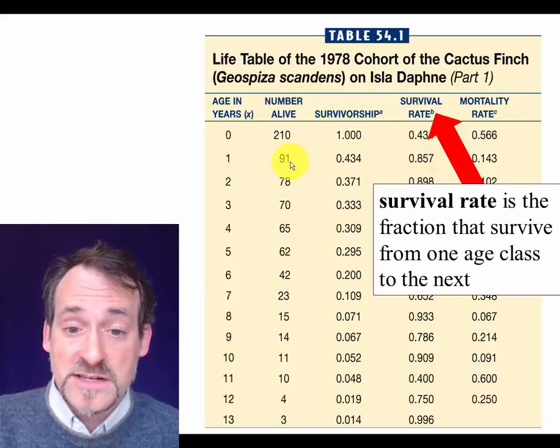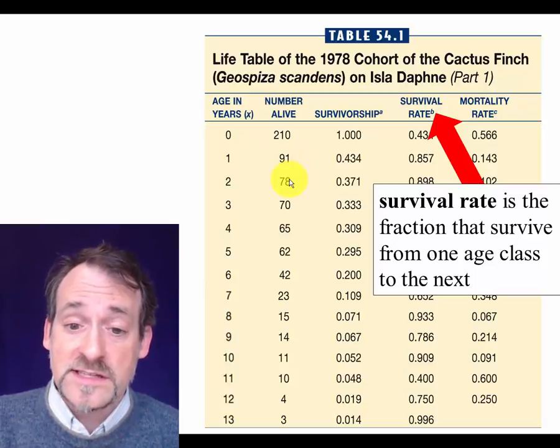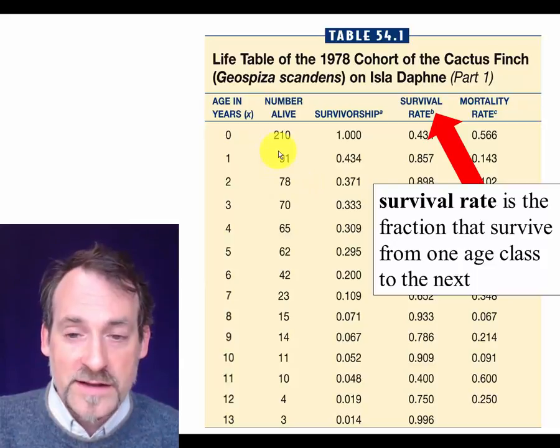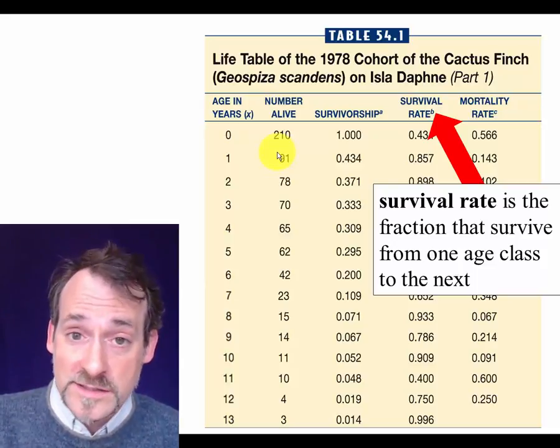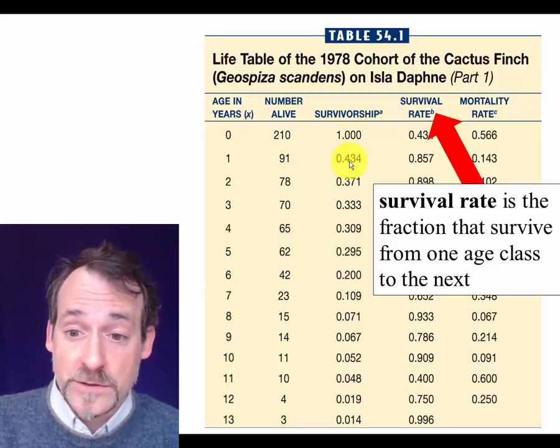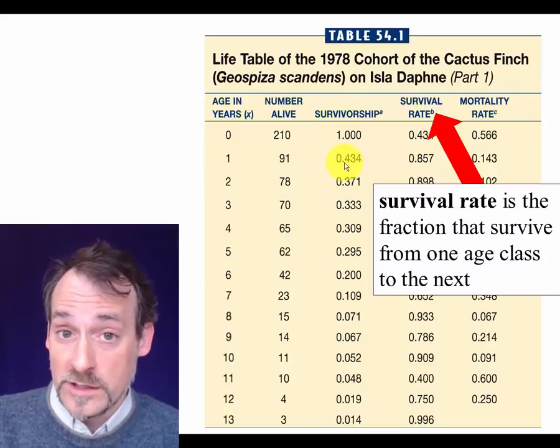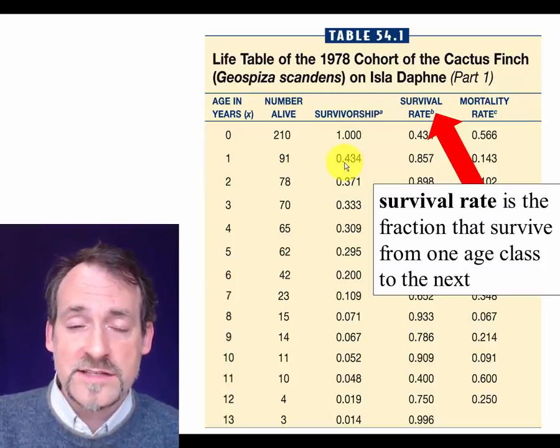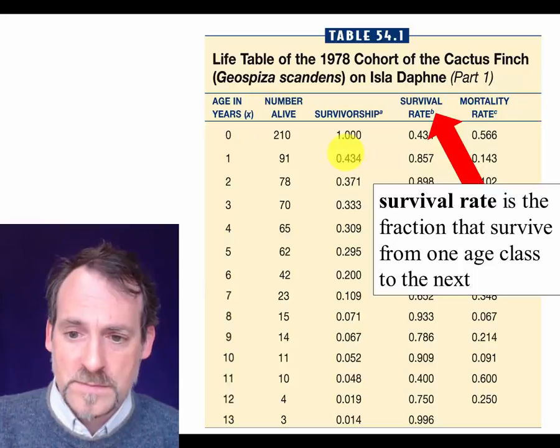So 85% of these 91 individuals make it to age 2. To get that, you divide 78 by 91. That's a very different quantity than the survivorship to age 1. So do not get these two things confused.